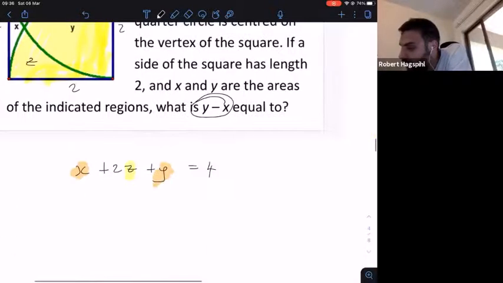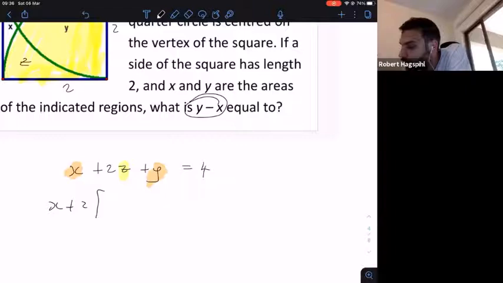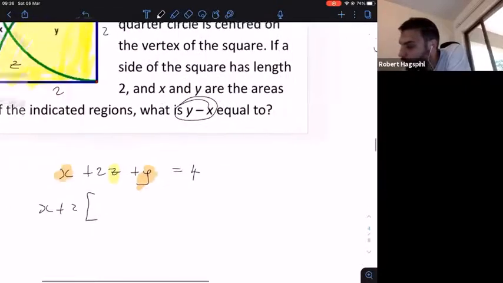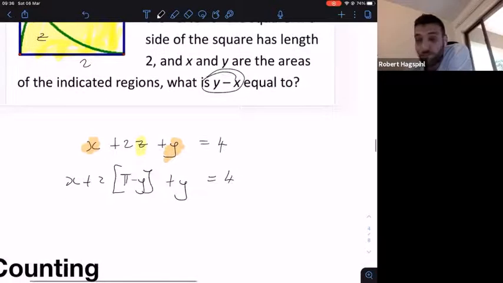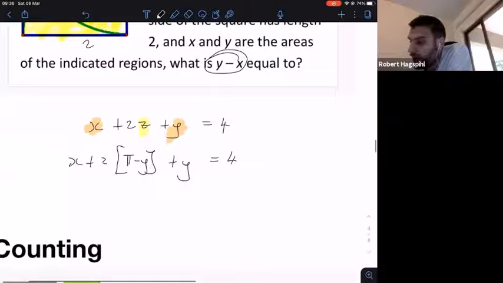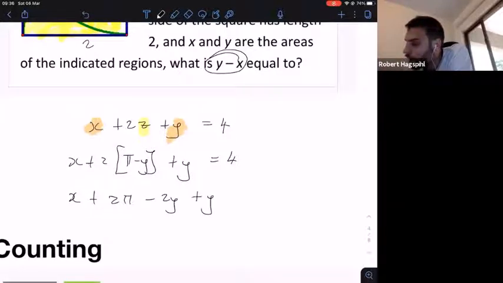And I'm going to get x plus 2 times, what was it? Pi minus y. Pi minus y plus y is equal to 4. Okay. And if I do this, I'm going to get x plus 2 pi minus 2y plus y is equal to 4.